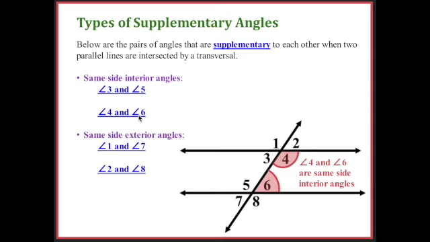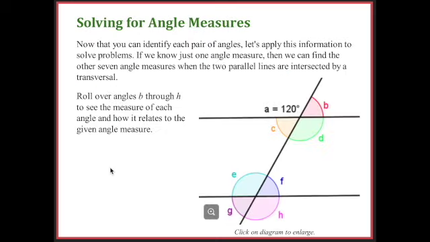These consecutive interior angles have to add up to be 180 degrees. Once we know these facts, once they give us one angle measure, we can find other angle measures as long as the lines are parallel that are cut by that transversal.